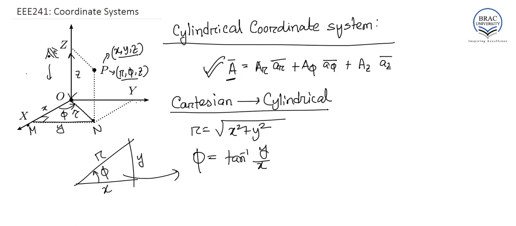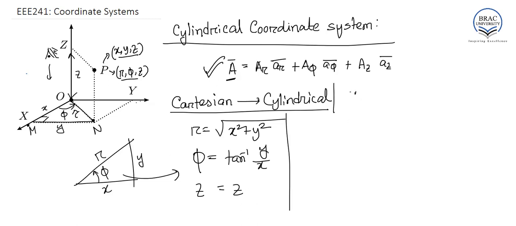The significance of z in the Cartesian system is the same as in the cylindrical coordinate system. It just introduces an elevation, moving the point away perpendicularly from the xy plane. So z in the Cartesian system will also be the z in the cylindrical system.